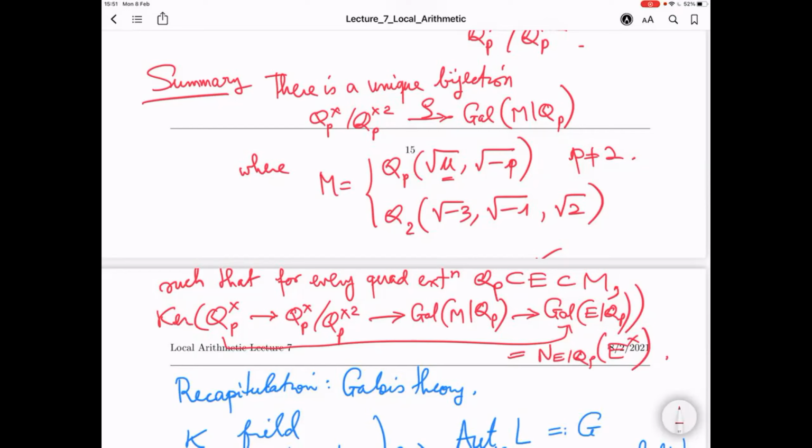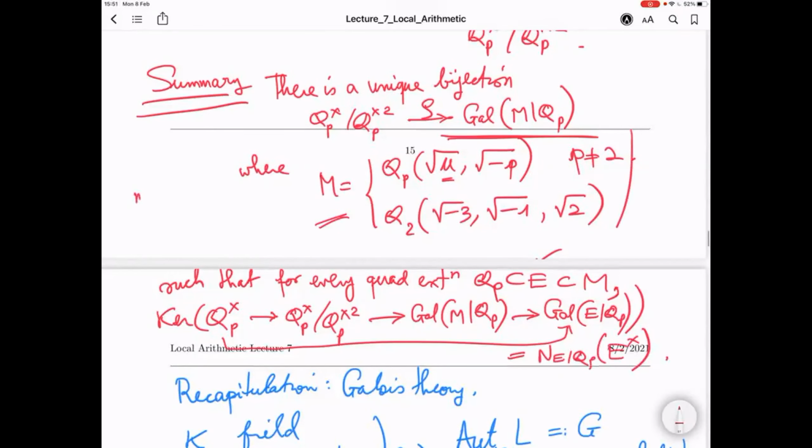So this is the summary of what this Hilbert symbol does. It gives you, so this here is a Galois group of a certain extension M of QP. It's actually the maximal abelian extension of exponent 2. We'll come to it again.